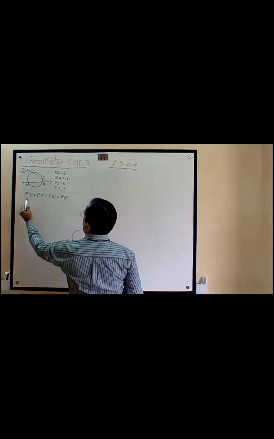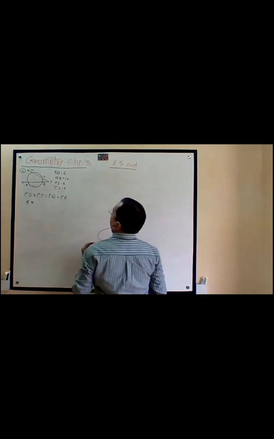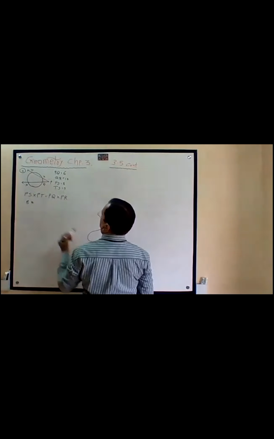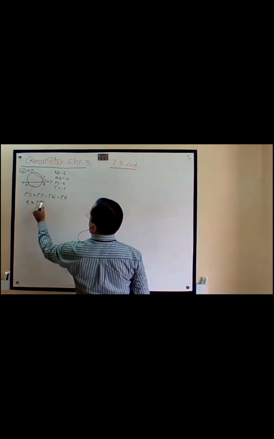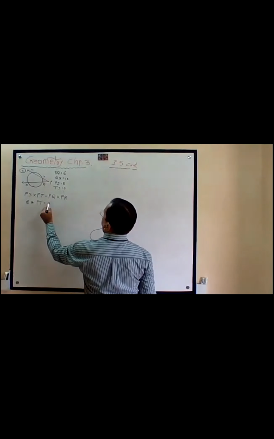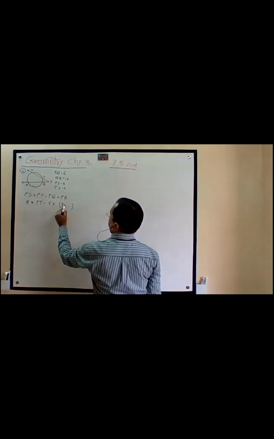PS is 8. PT, it is not given. PQ, it is given 6. PR is PQ plus QR.